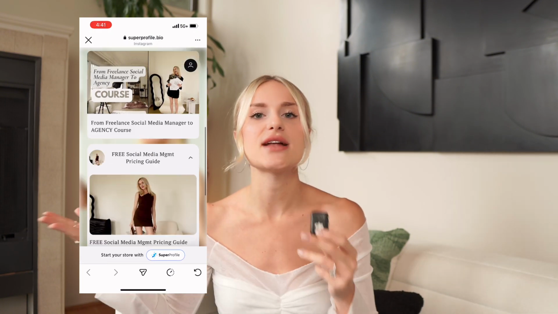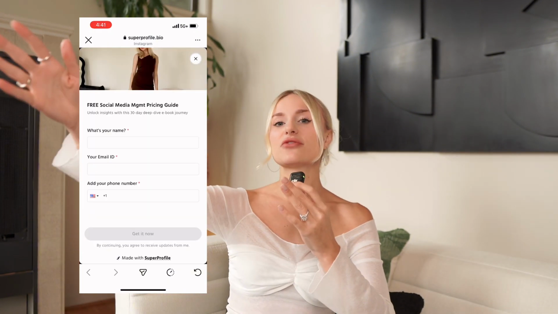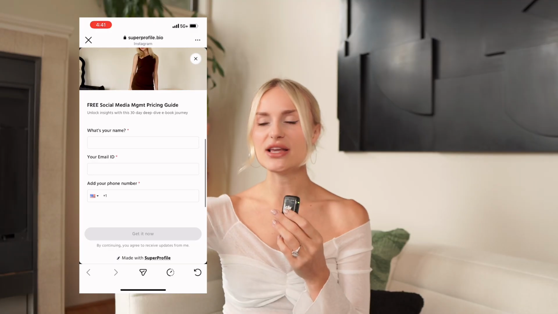A lead magnet is a freebie, right? A free guide, a free ebook, whatever. It's not paid, right? You're going to give this away for free, and they are going to fill out their email, their phone number, all this information in exchange for the free product. Here's the catch. After you give them the free product, you're going to retarget them, right?